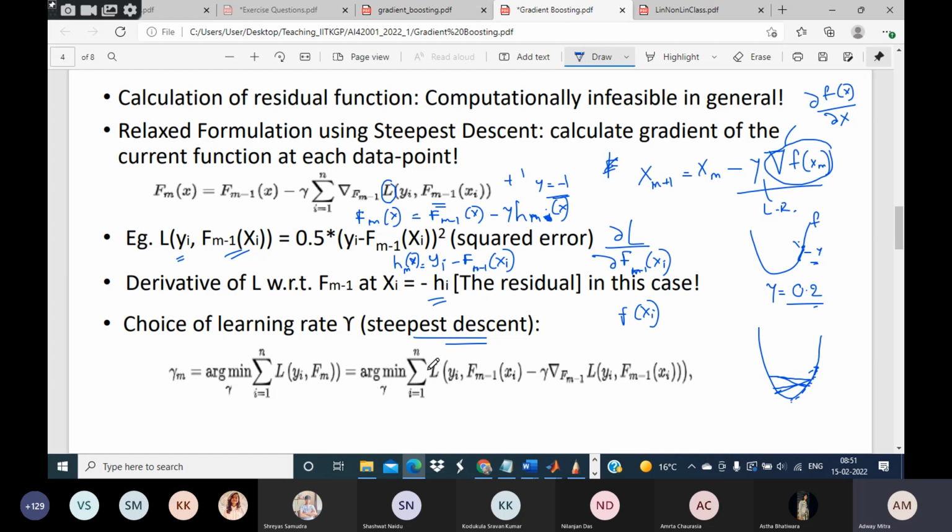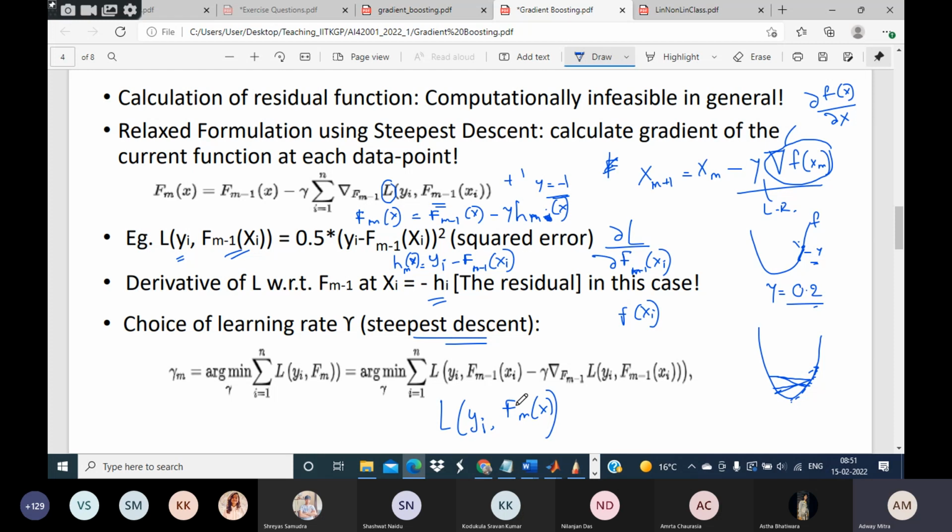That is, you choose that value of gamma for which this loss function is minimized. Basically, we try to minimize the loss function between these two things.